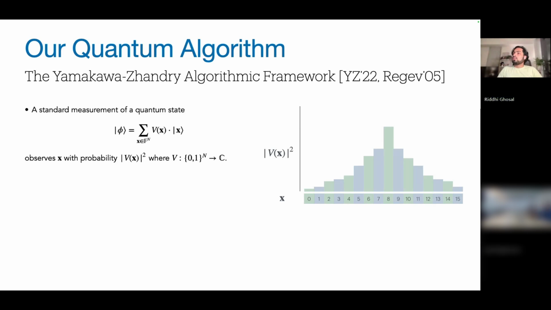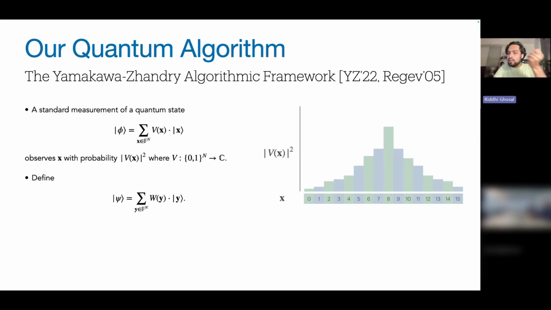So the Yamakawa-Zhandry framework is basically saying you first set up the state phi, which is a superposition with some appropriate weights, vx's. At the same time, you set up another state psi, which is a superposition of these y qubits with some other weight vector, which you denote with w's.